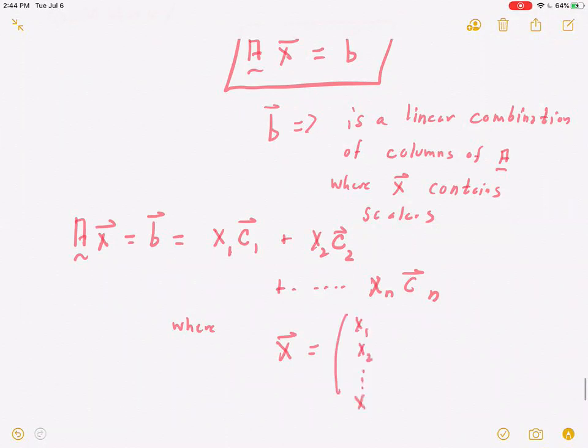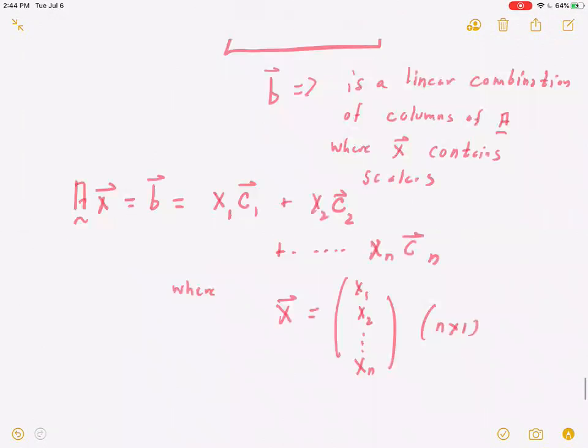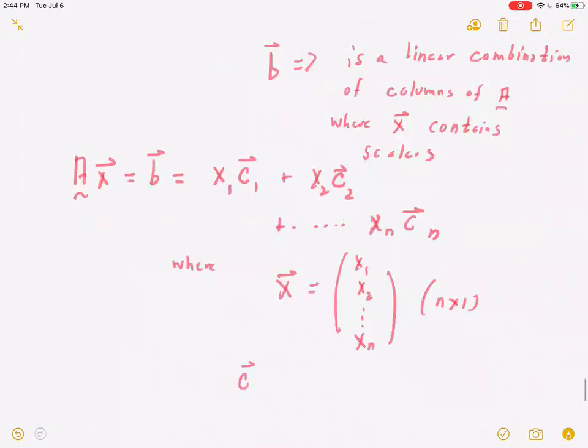This matrix of unknowns is n by 1. And c sub 1, c sub 2, c sub 3 are vectors, and in particular, they are the columns of the matrix A.